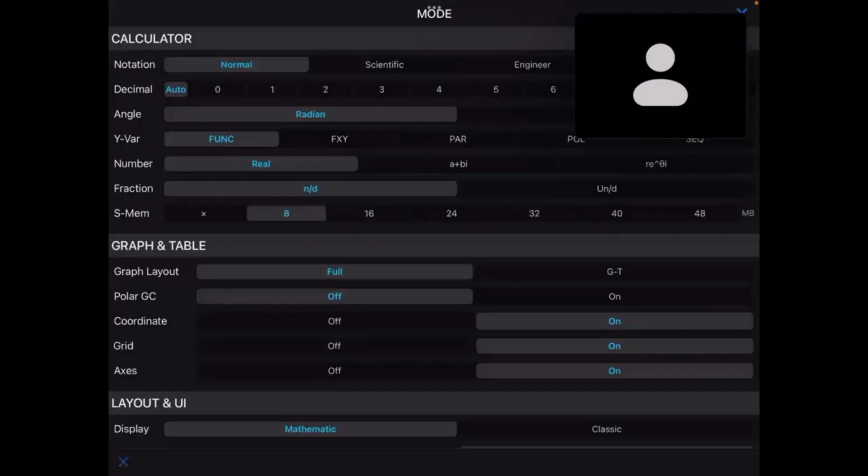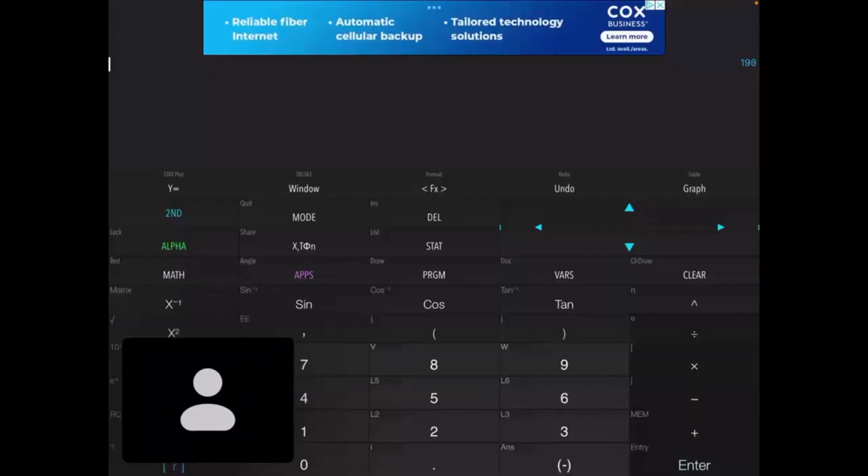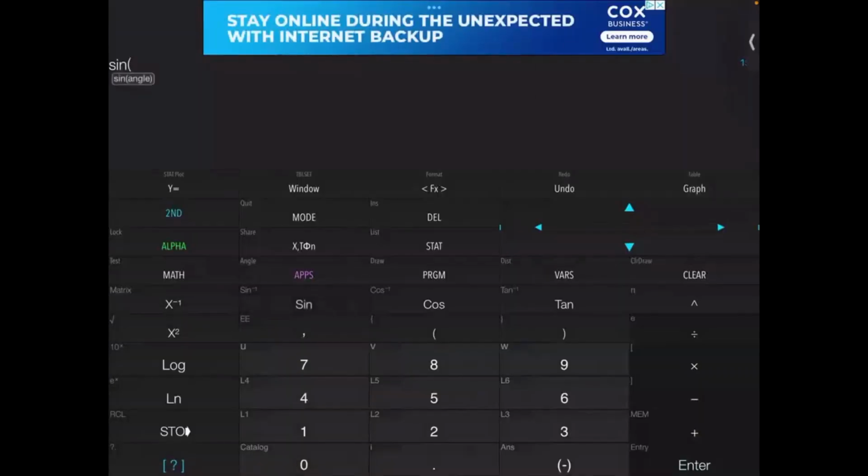So I'm gonna go to my calculator, just double check its mode. Right now it's in radians, so that's a good thing to check. Turned it into degrees. And now I'm gonna plug that in. So I had the sine of 63 times 56 divided by the sine of 81.